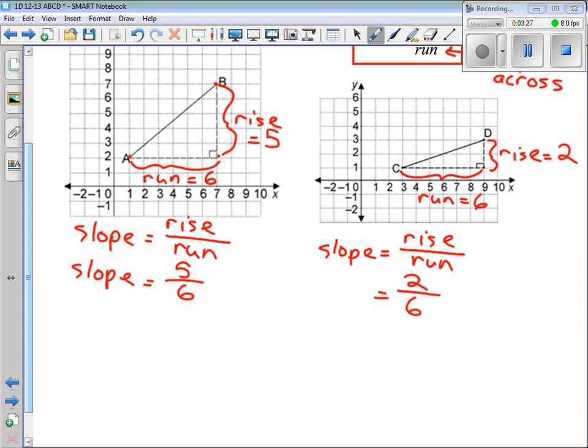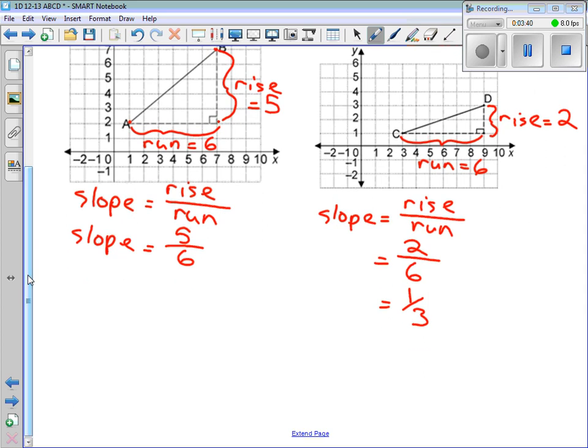And when we get a fraction like this, we always check to see if we can put it in lowest terms. We can divide our top and our bottom by 2. So our slope here is going to be 1/3. Okay. Now, if you want, you can turn these things into decimals. 1/3 we know is 0.33, repeated, so on and so on.